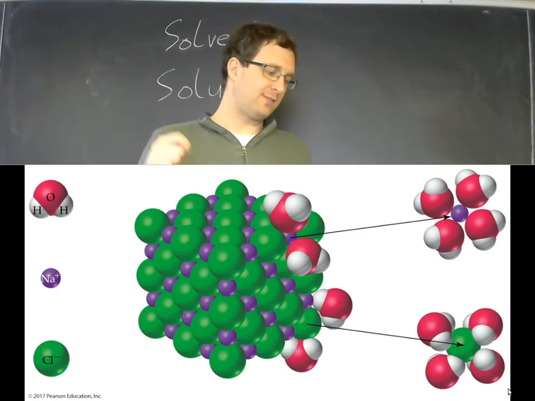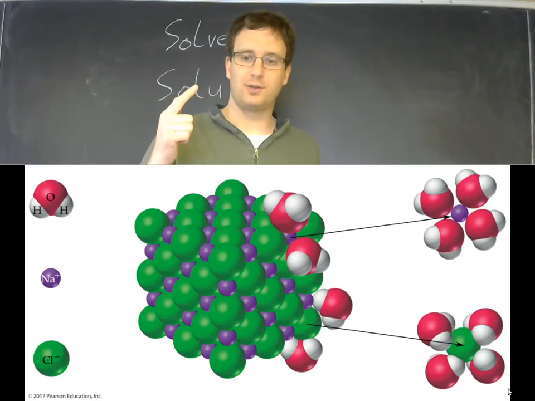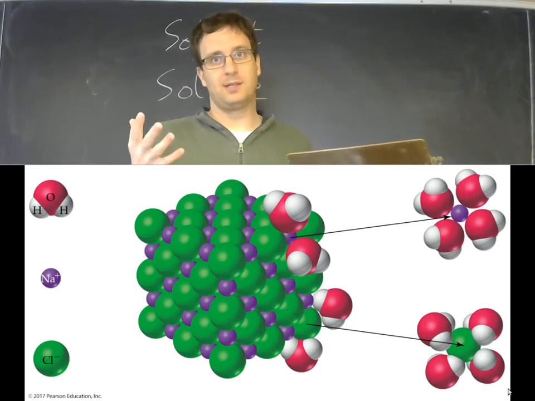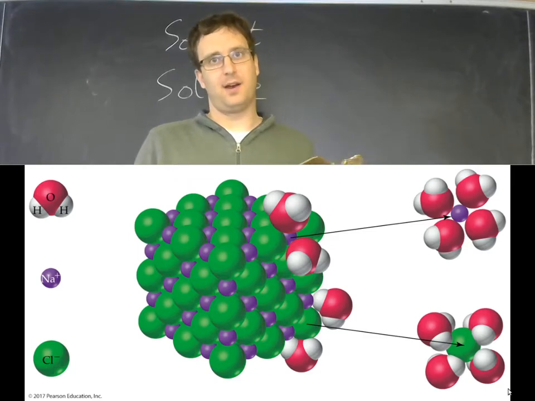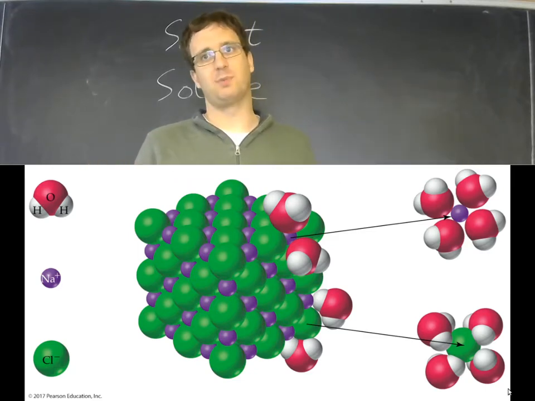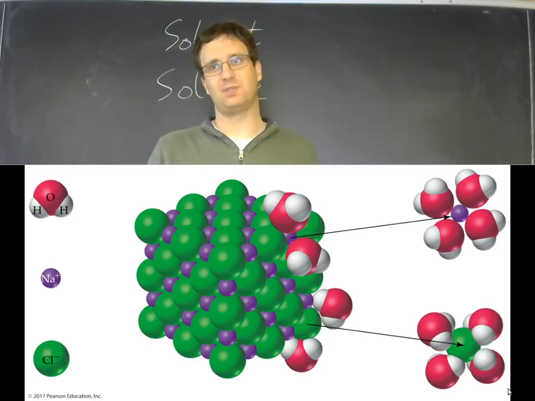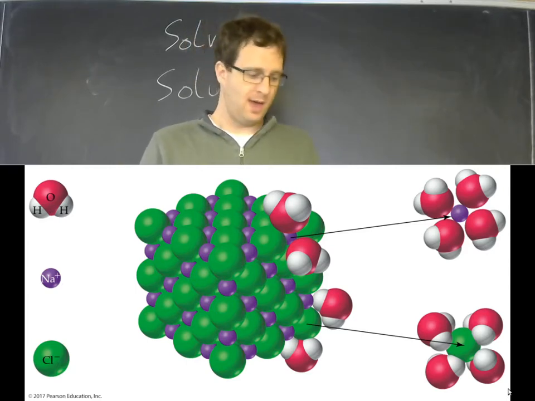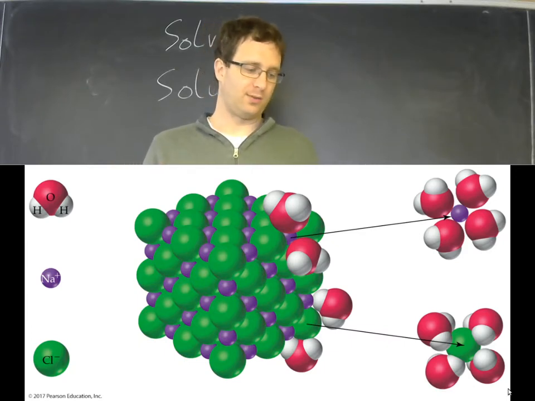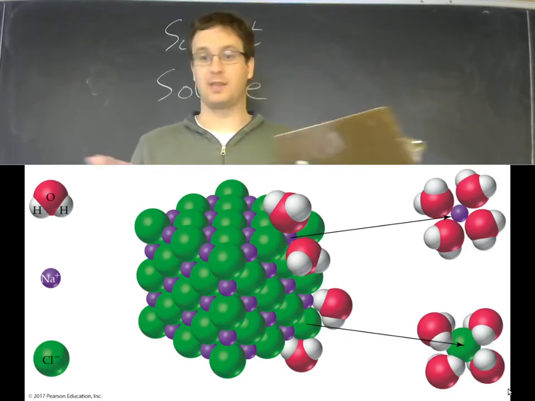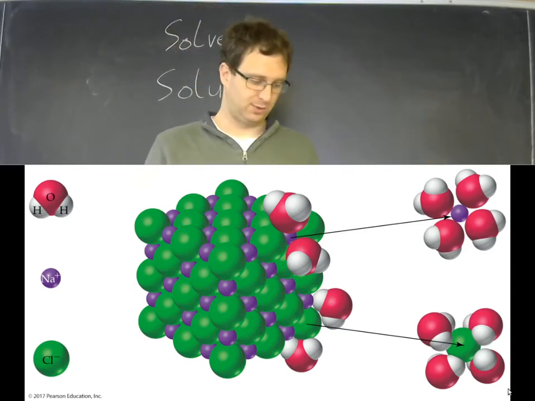If you have stronger solute-solute interactions, this would be, say, the ionic bond between cations and anions in an ionic compound, or just the intermolecular interactions between molecular compounds, say, in a sugar crystal. So the stronger those solute-solute interactions are, the harder it will be to break them apart and put them into solution.